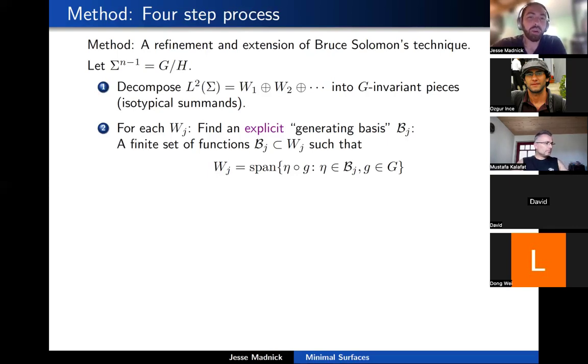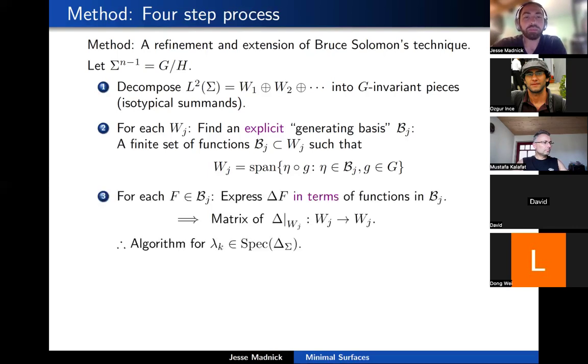The key point is that B sub j is a finite set of functions, and it has this property that you see there. Wj is the span, not of the etas alone, but of eta composed with G. So for each of the functions in B sub j, you calculate the Laplacian. Calculating the Laplacian is not so hard. The problem is you have to express the result in a useful form, in terms of the basis functions B sub j.